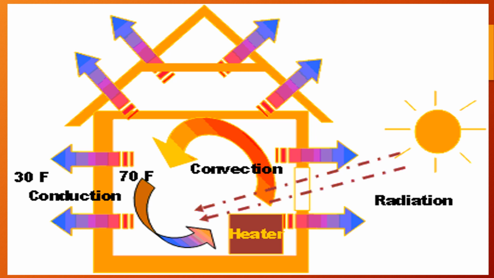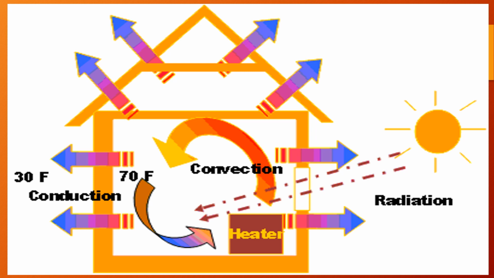And one arrow that is coming from the sun is in the direction of the house. Now how is it happening? In this picture we see the transfer of heat.